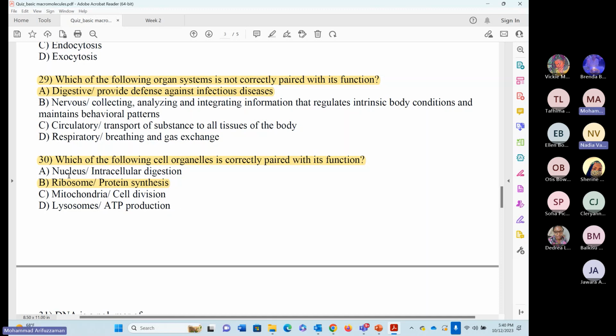What is the function of nucleus? Stores genetic information. And what is the function of lysosomes? Intracellular digestion. That means lysosome kills the pathogens. So the correct answer is the ribosomes and protein synthesis.